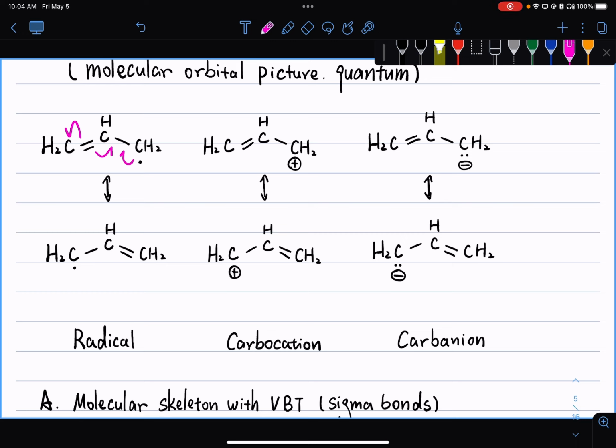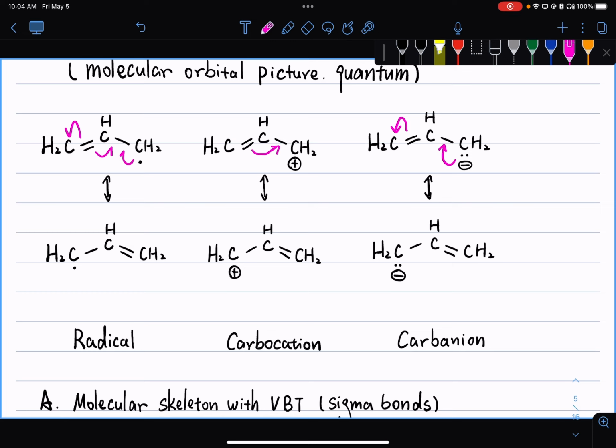The electron moves from the double bond onto that single bond, and we end up with a carbocation on the left. The carbanion is the same idea. It goes like this, and the negative charge moves to the other terminal carbon. So the radical is a free radical, with one single unpaired electron; the carbocation is a carbon-centered cation; and the carbanion is a carbon-centered anion.